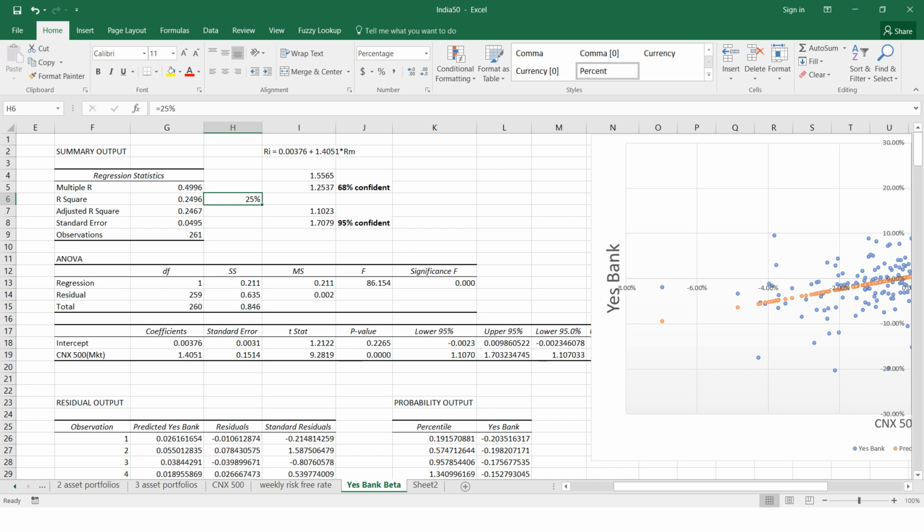So there is some risk related to banking industry which is different from market risk. So 25% is market risk. When you look at Yes Bank returns, 25% of the returns are driven by market risk because they can be explained by market returns, and 75% is specific risk.